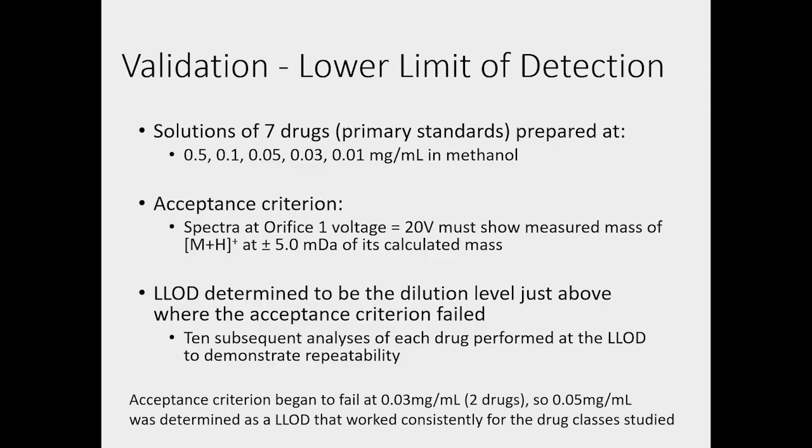I also want to point out that this was an older generation instrument, and so when the acceptance criterion was beginning to fail, it wasn't that the drugs were not being detected, but that they were detected outside of that 5 millidalton range. Nowadays, the instrument in my laboratory is a 4th generation instrument, which has a higher resolution and increased precision.